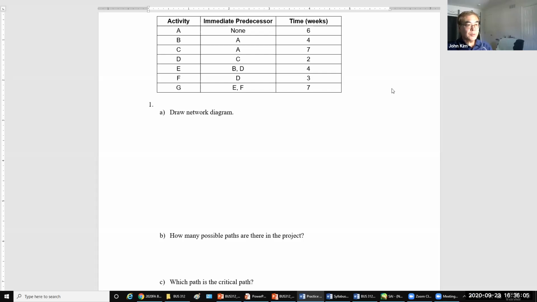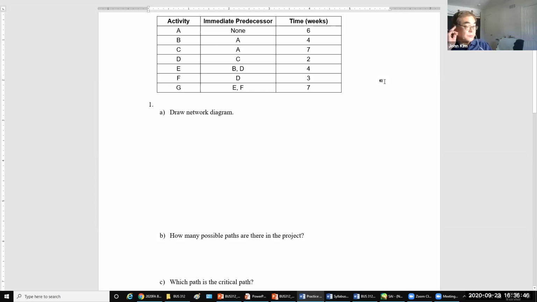This one practices how to draw a network diagram, and how to determine which path is the critical path. This one also has 7 activities, activity A to G, with immediate predecessors and activity times.